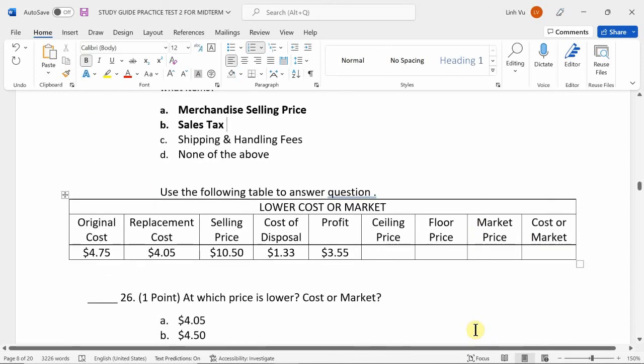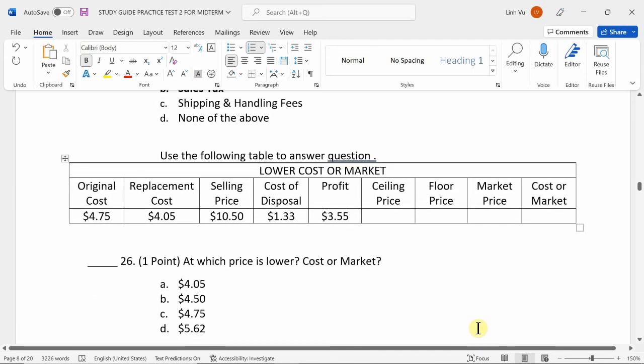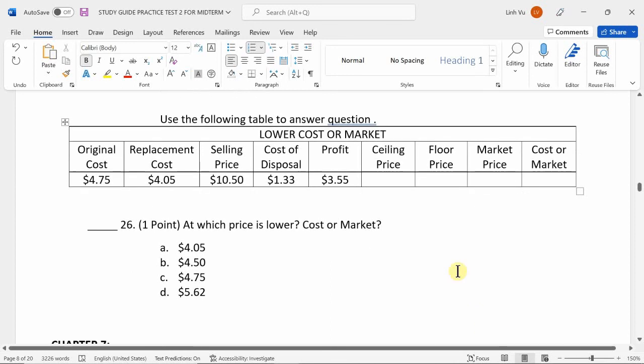Okay. Now it says here, use the following table to answer the next question. So in this case, you're given a table for the lower of cost or market.